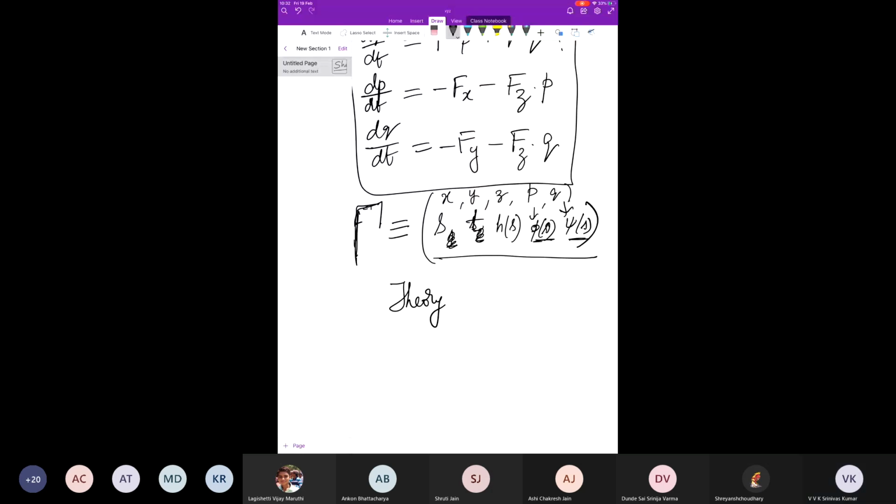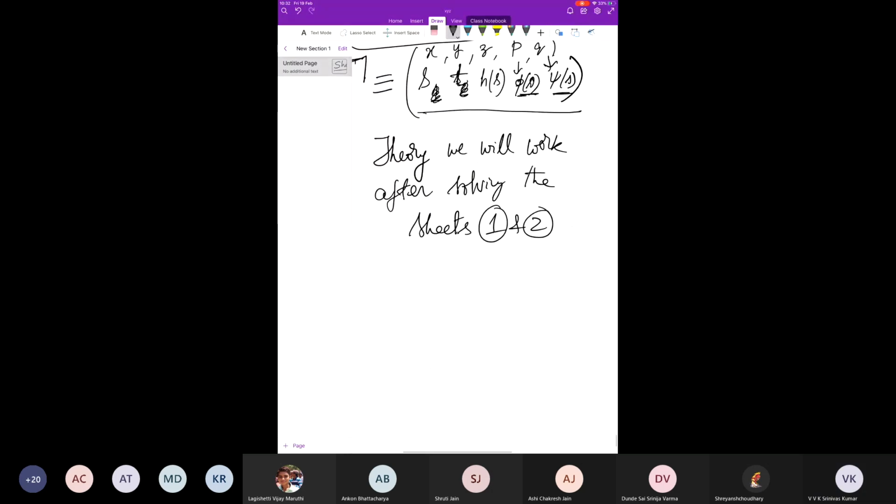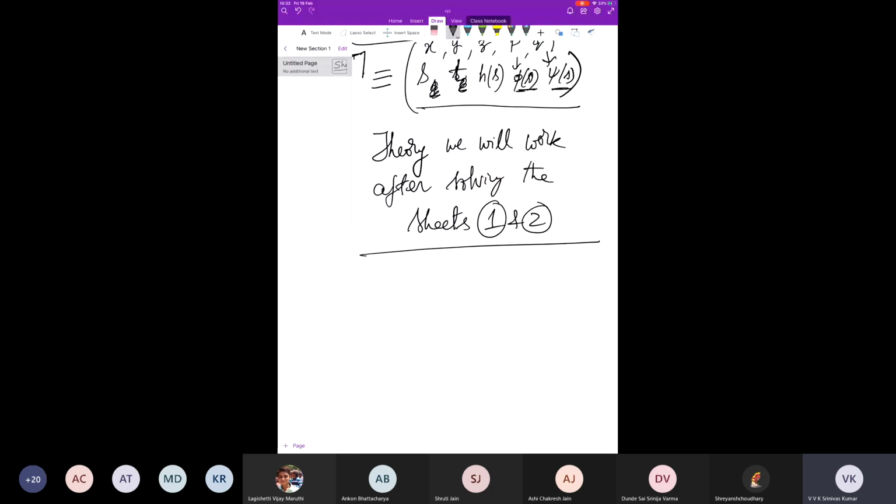After this theory, we will work on solving the exercise sheets 1 to 10. And after completing all these, we will have minor test 1.